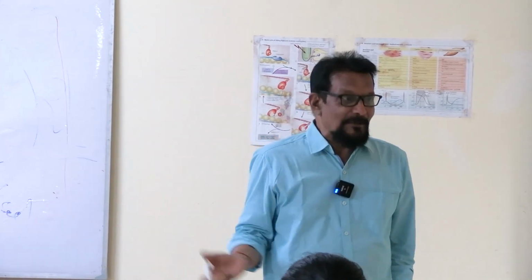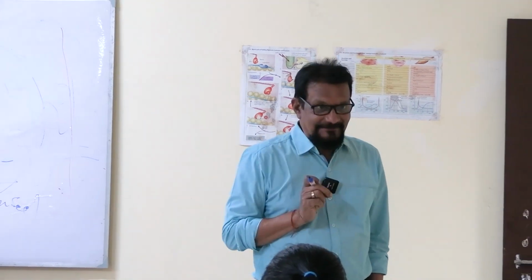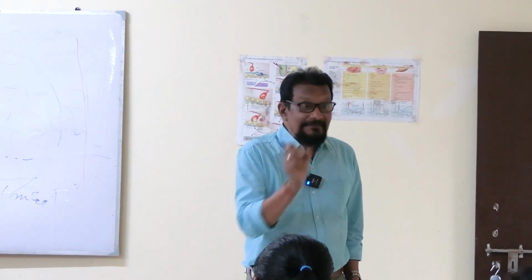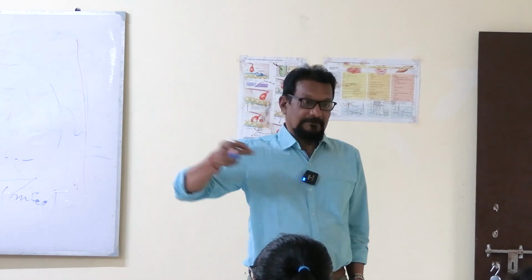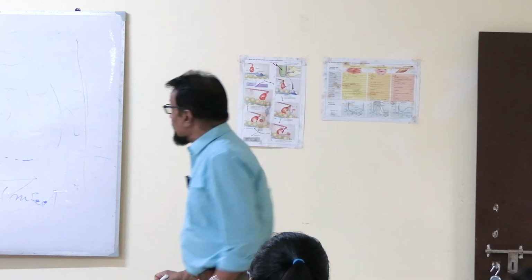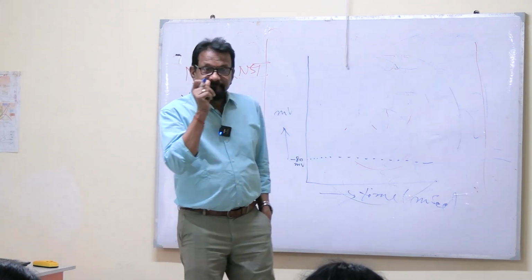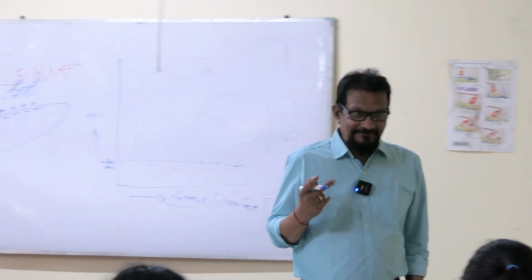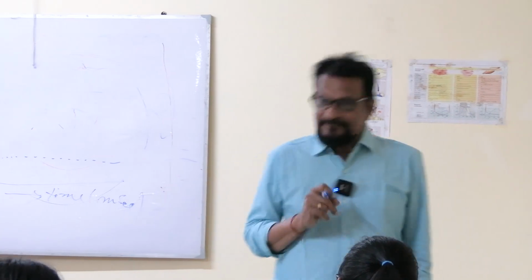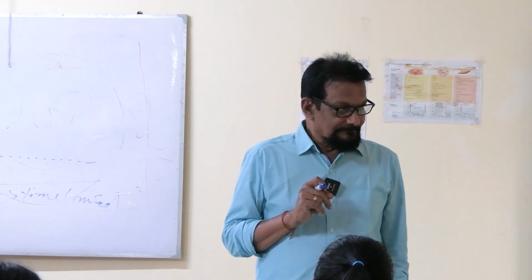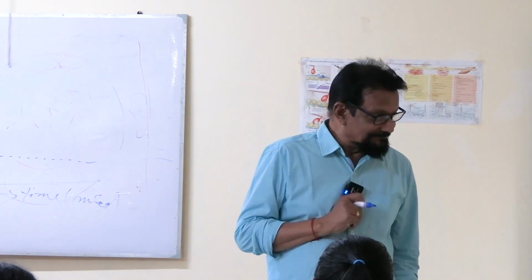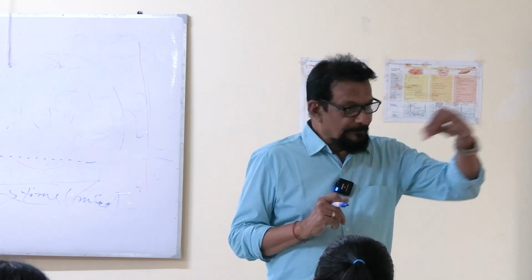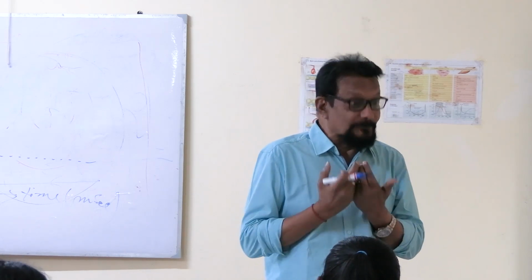Now, the ventricular muscle will respond to the stimulus, the cardiac impulse coming from the SA node. What will be there? Channels. There are sodium channels. In presence of the stimulus, sodium channels will open.